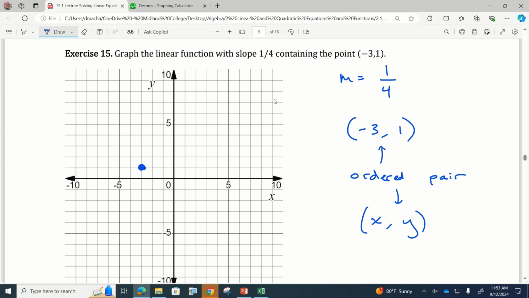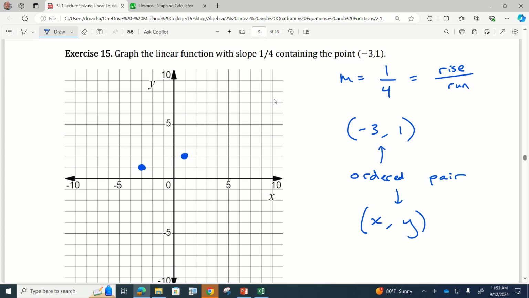If my slope is 1/4, of course this is rise over run. And this time I'm going to move to the right how many units? I'm going to move to the right 4 units, and I did that wrong. Since the slope is positive, I'm going to move up 1 unit.